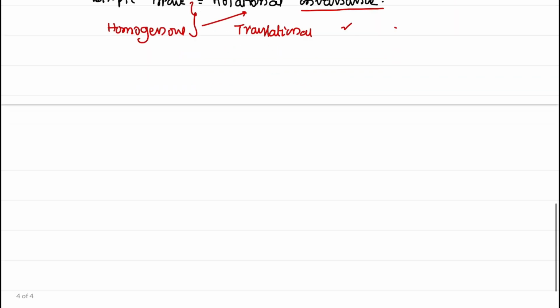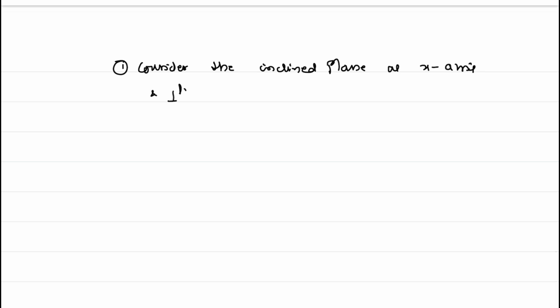That means the first and foremost thing I have to do is to consider the inclined plane as the x-axis and perpendicular to it as the y-axis.